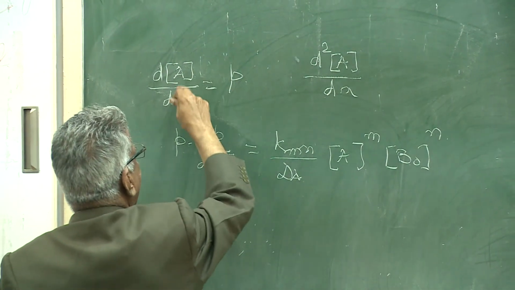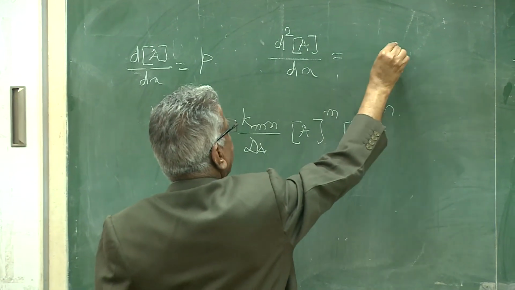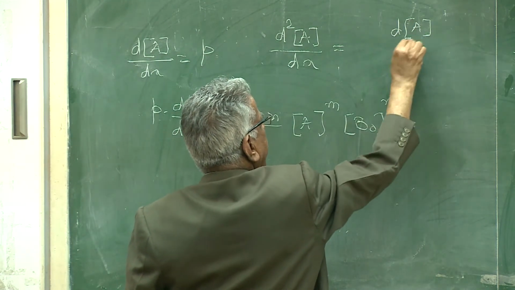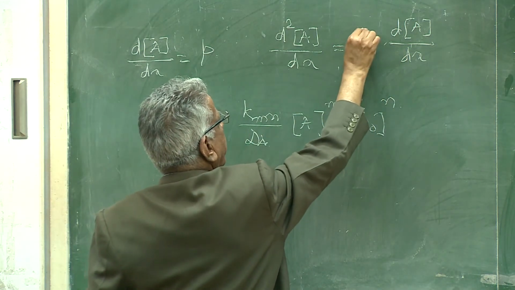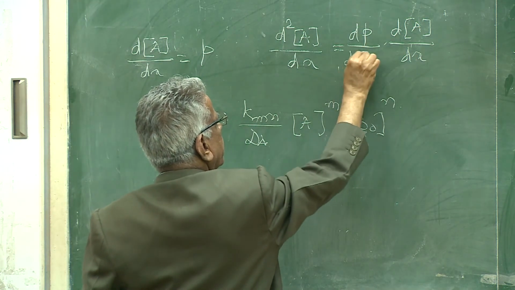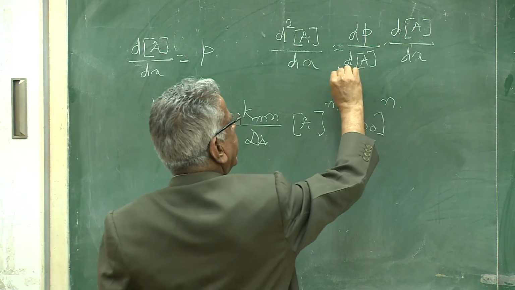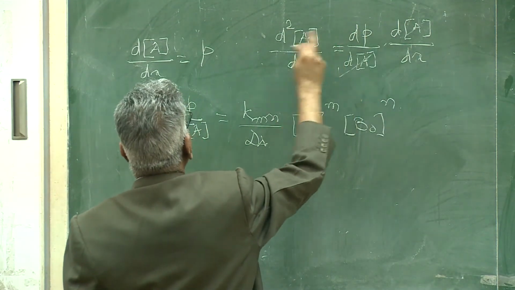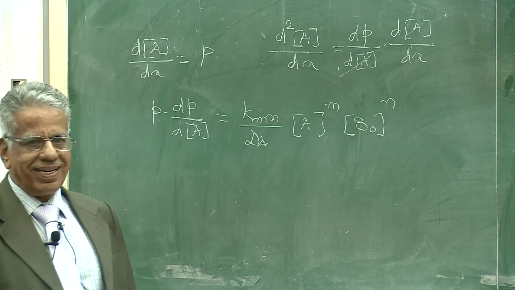So, dA by dx has been split in such a way that this dA can cancel with each other, and dp by dx, since p itself is dA by dx, dp by dx is d2A upon dx square. Is that right?